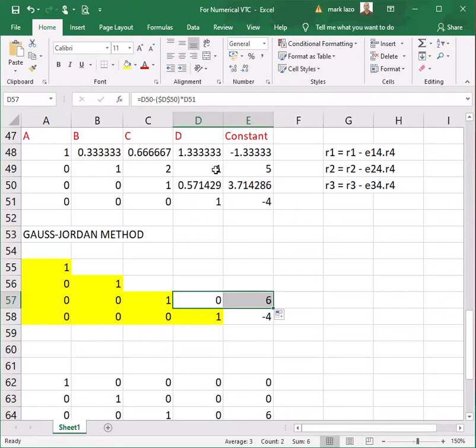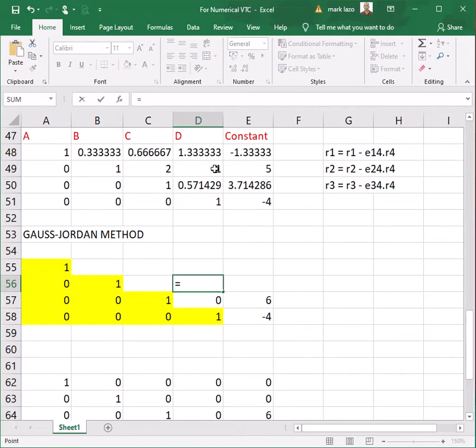Next, how do we make this 1 into 0? I will apply the formula that is equal to R2 minus the value of the element in row 2, column 4. So that is this one.